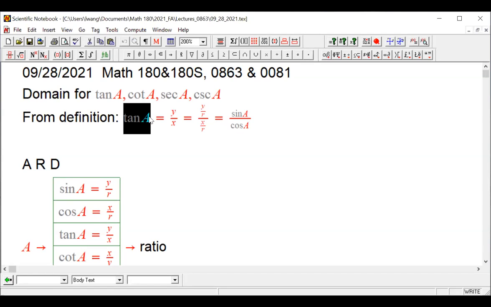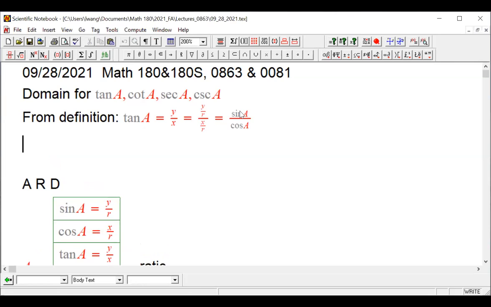If tangent equals sine A over cosine A, what will be the domain for tangent? Could it still be all real numbers? It cannot be, right? Because some real numbers may cause cosine A to equal 0.